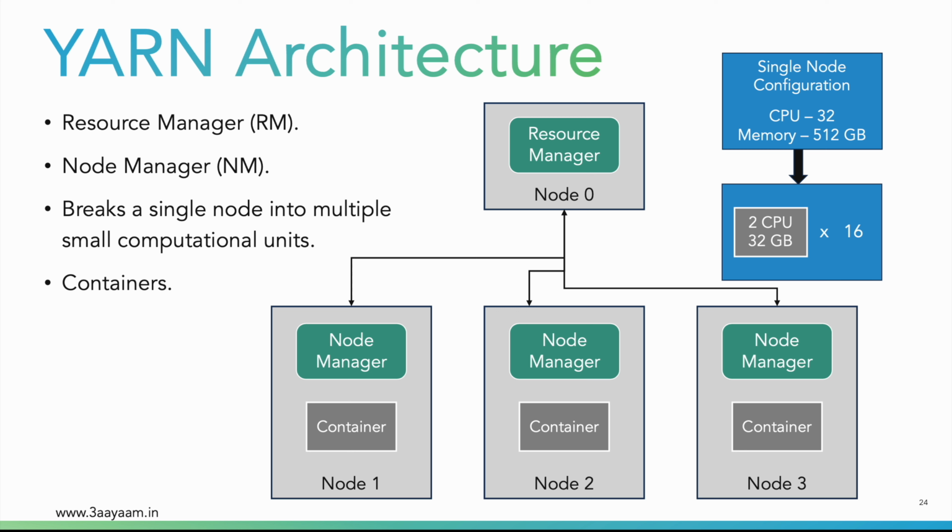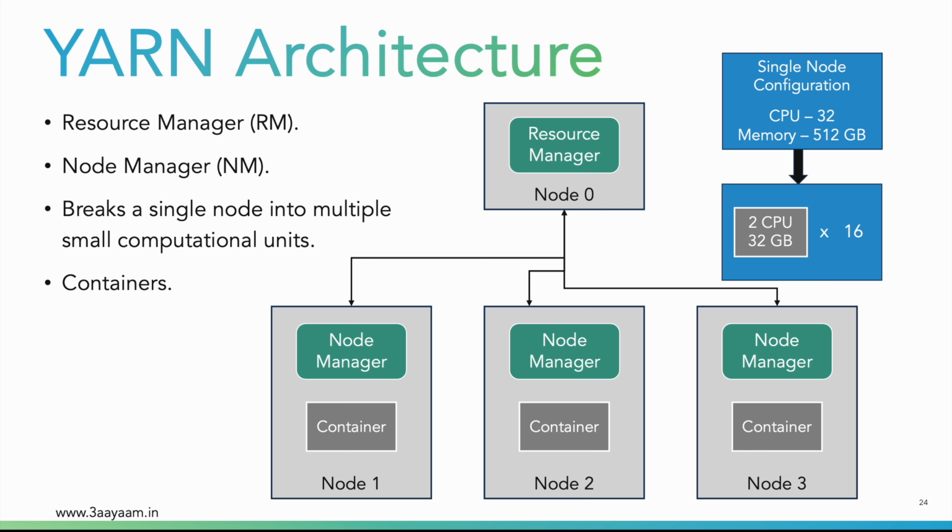Now the obvious question would be, why do we need such small computational units? The reason is that a single node would contain a large amount of CPUs and a large amount of memory, and would be running multiple applications, right? It could be running a Spark application, a MapReduce application, or any other distributed processing framework that we want to run in the same cluster. If the node is not broken down into small pieces, a single application might attach itself to all the resources that are available in these individual nodes.